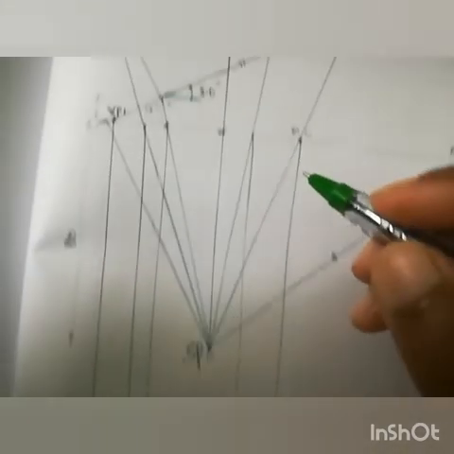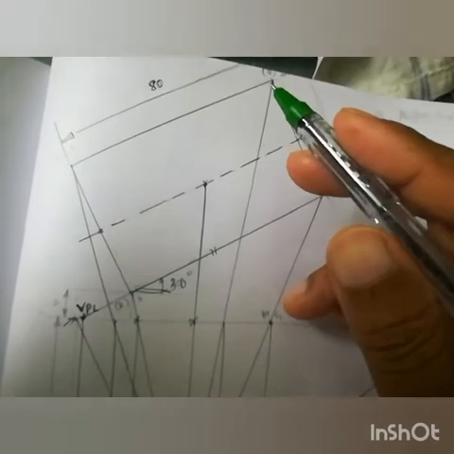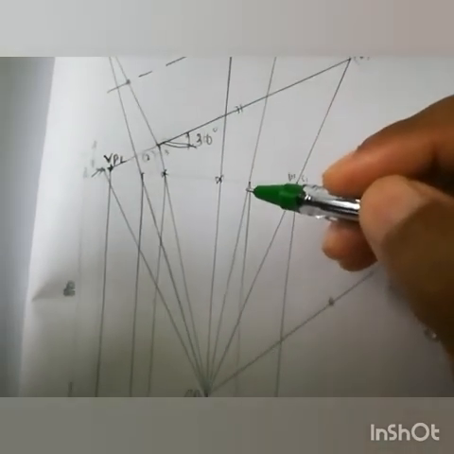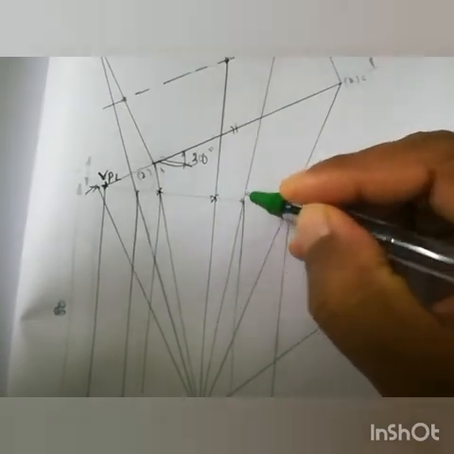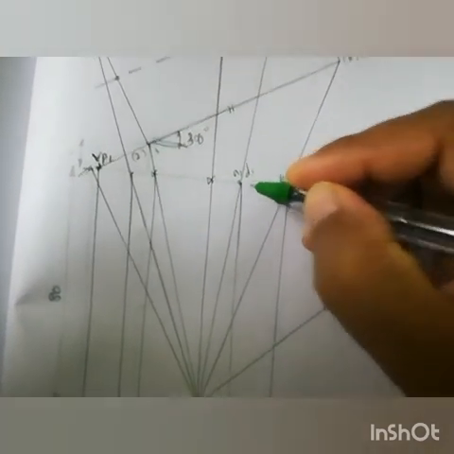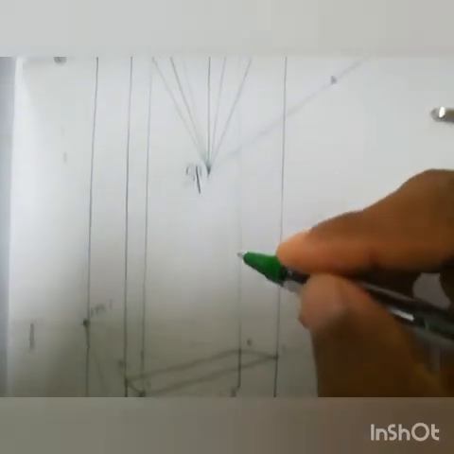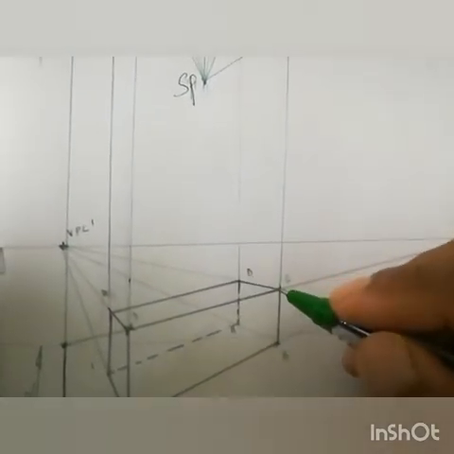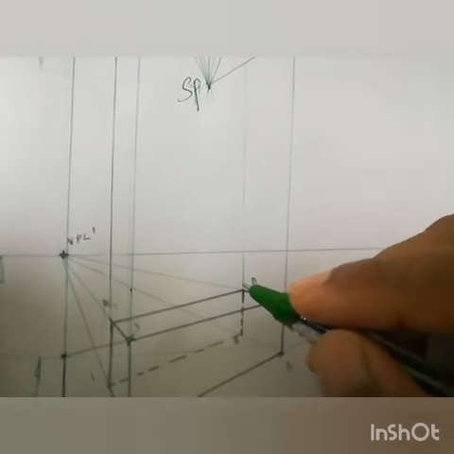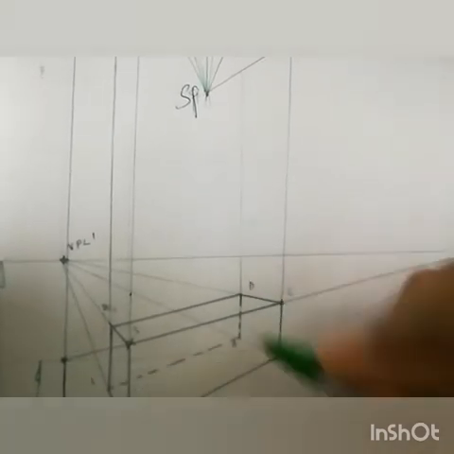So how will you obtain AD? This is the point AD. Draw that point to SP. So here will be A1 and D1. From that point you draw downward. So that will meet the line through B at A, line drawn through C at D. So A and D is obtained.